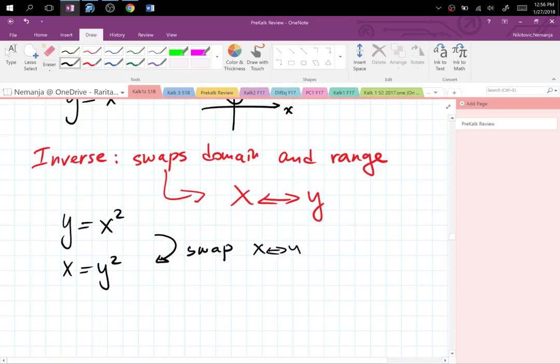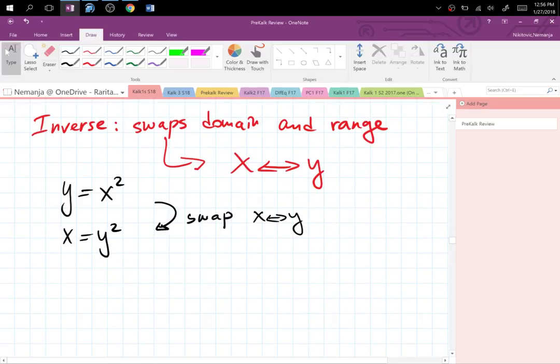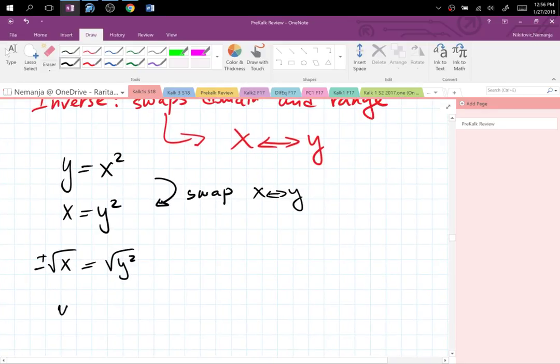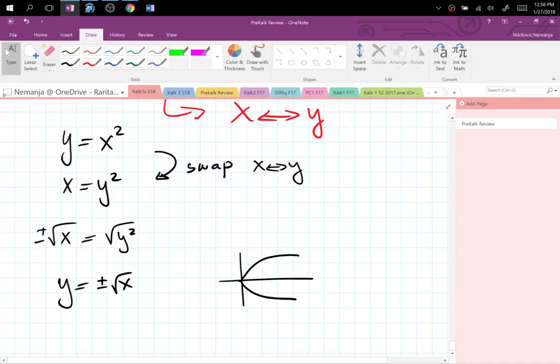And then you have to solve this for y. So you will square root both sides, and make sure you put plus minus every time you square root both sides. Square and square root will cancel, and you get y equals plus minus root x. We know the graph for this, right? Not a function.